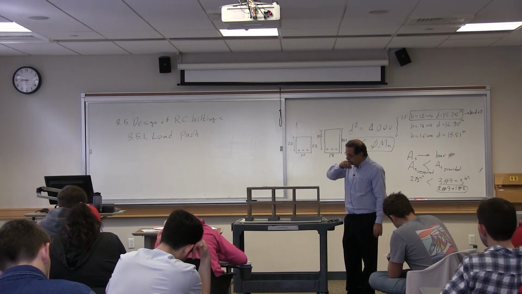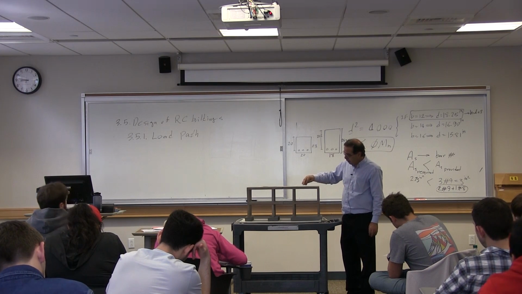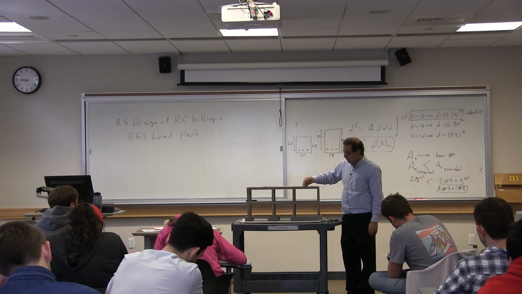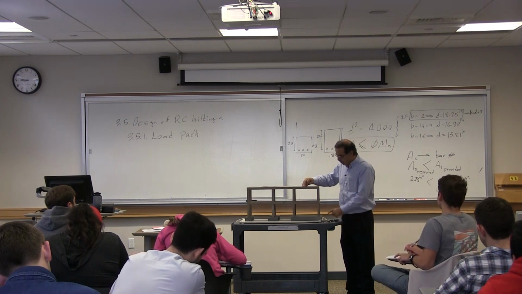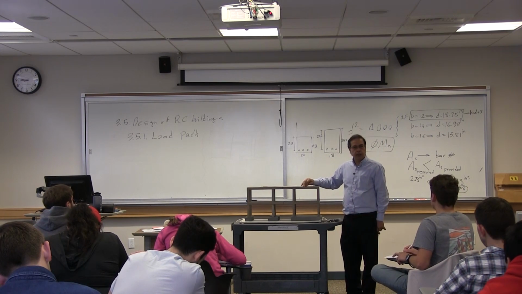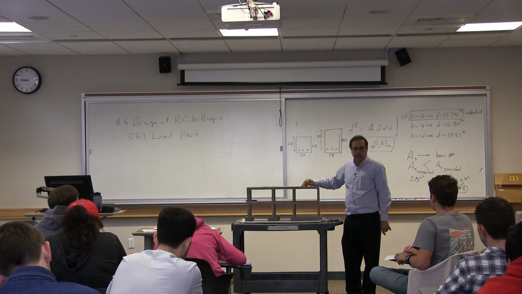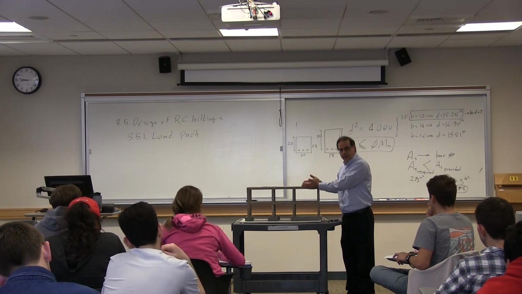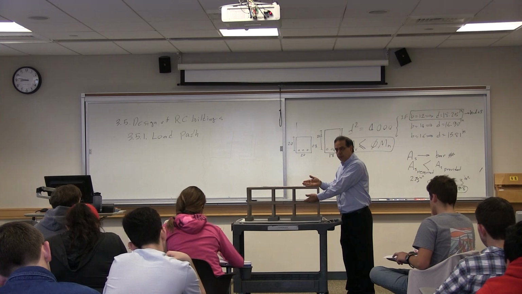When we apply more load here, would that mean we applied more load to this beam? The answer is no. We are applying the load here, and that doesn't mean we are applying it to this beam.